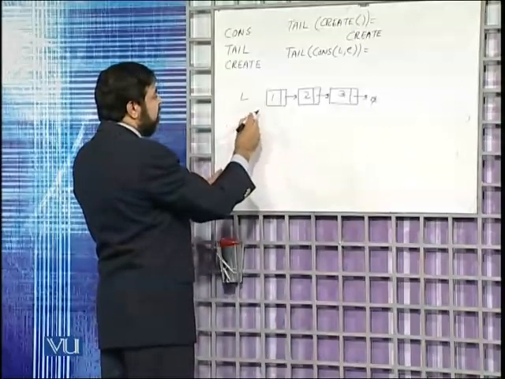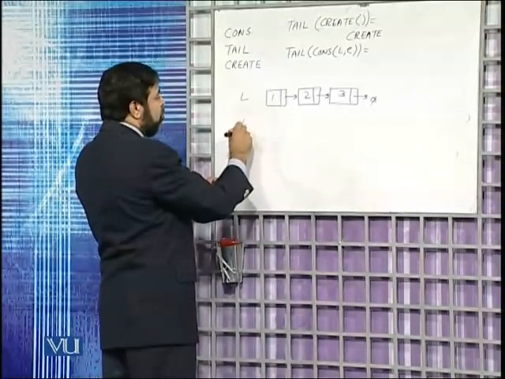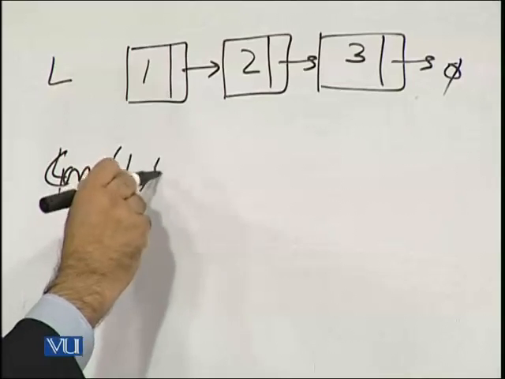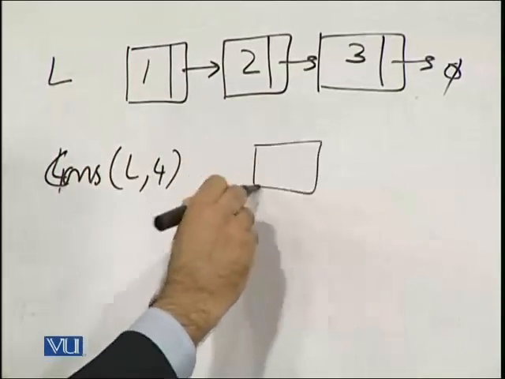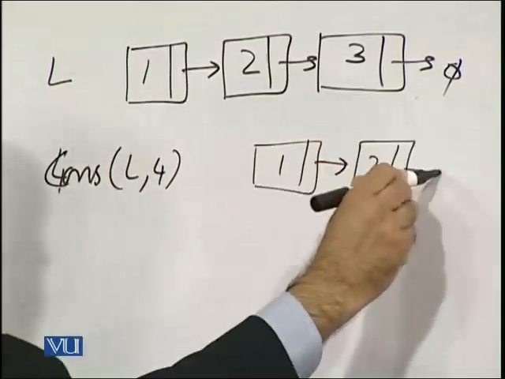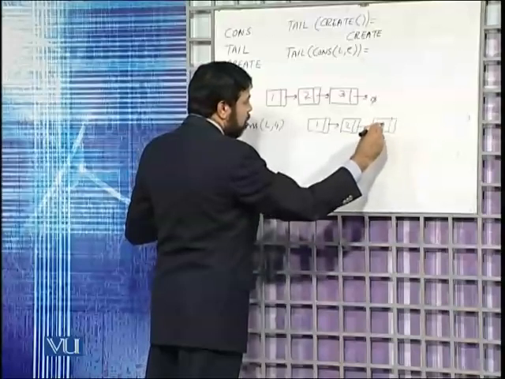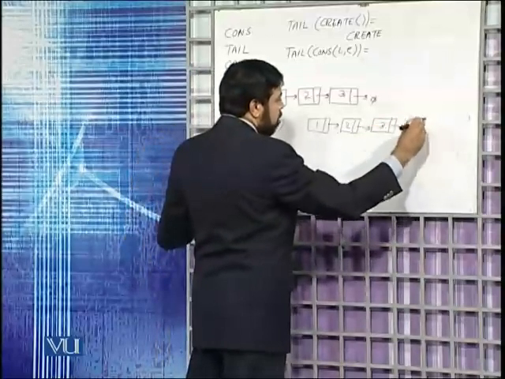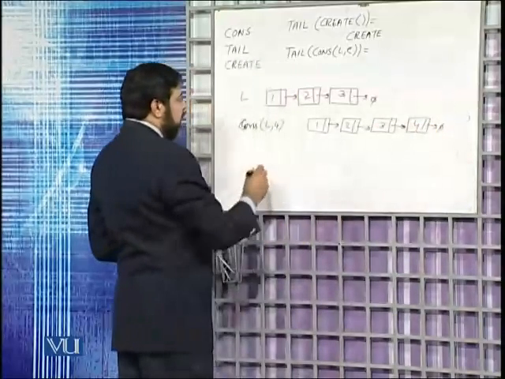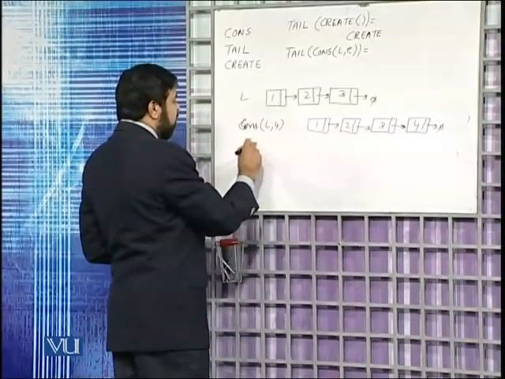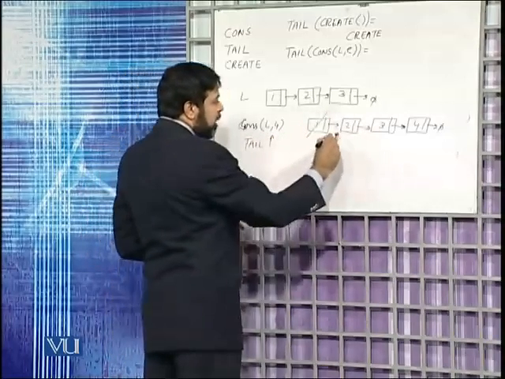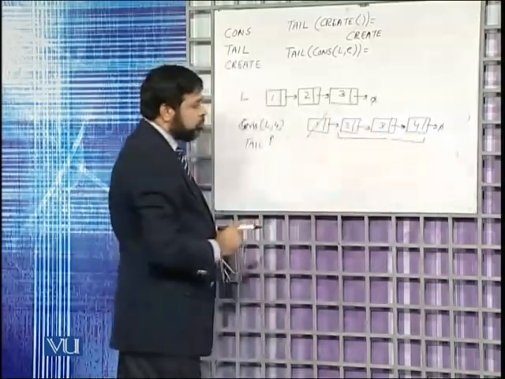So we add one element 4 to this list. So we say cons L 4. So we will get this new list 1, 2, 3, 4 here. And we say tail of this list. So this element will be chopped, and this is what we will get back.